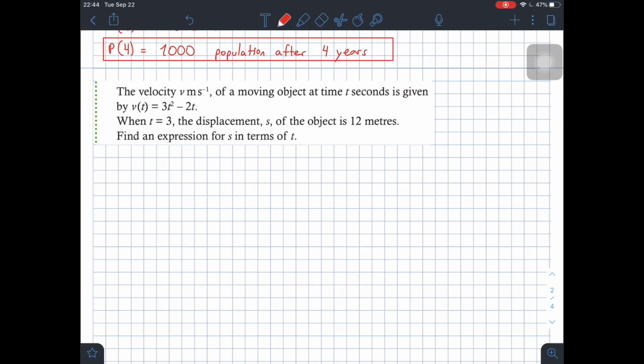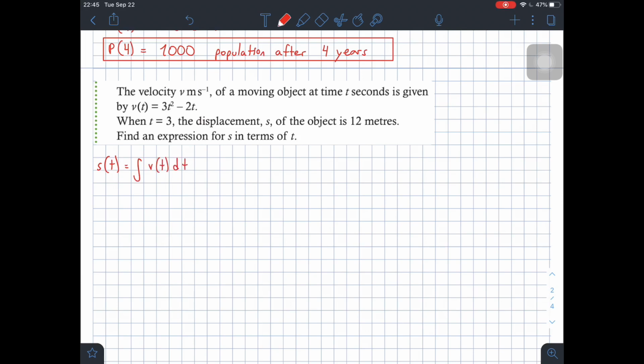To solve this problem, you should already know that the displacement function, which is what we're being asked for in the problem, is the integral of the velocity function, right? So we're going to start by doing that. We know that displacement is the integral of velocity with respect to time.